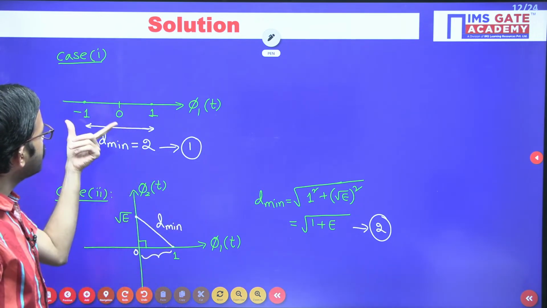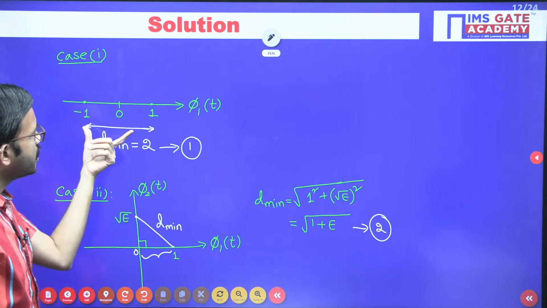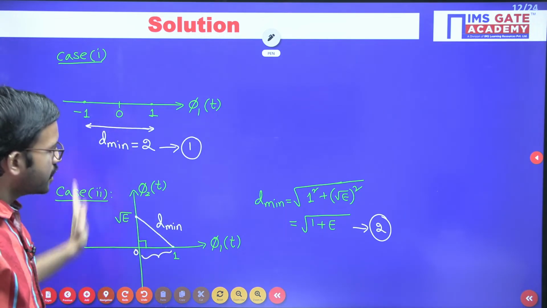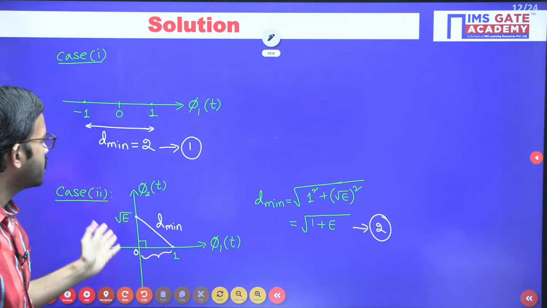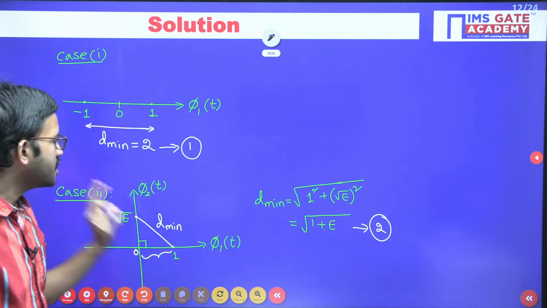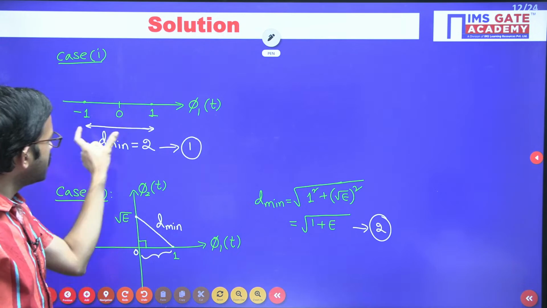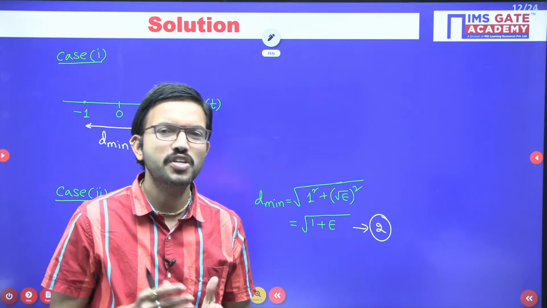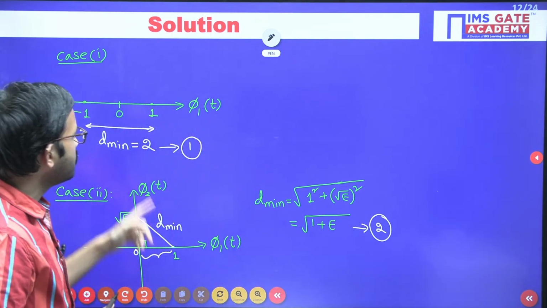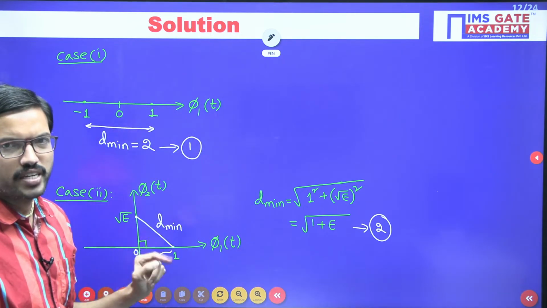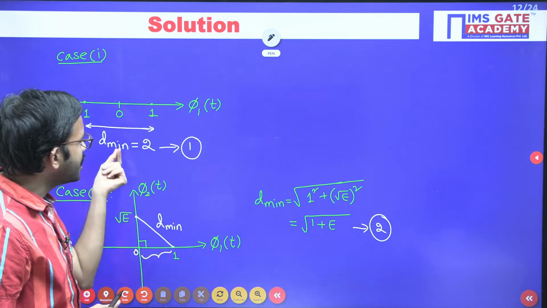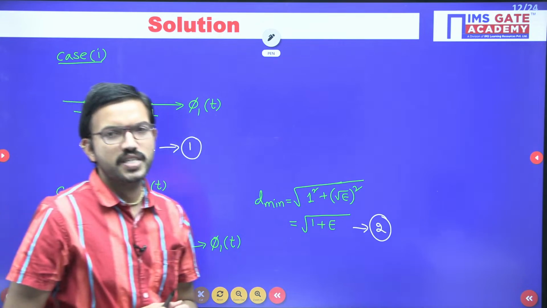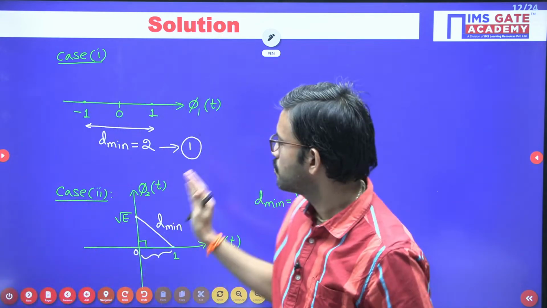In this case, you have kept the symbol here, because of that you got 2 units. You can place this symbol anywhere in this coordinate system, but if you are able to get the same d min, that means the same 2 units, then obviously the probability of error will be the same. So in order to have the same probability of error, we have to make the d min, the minimum spacing between the two symbols, the same in both cases.